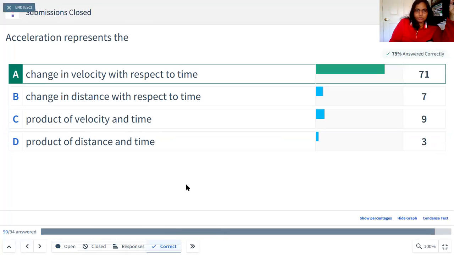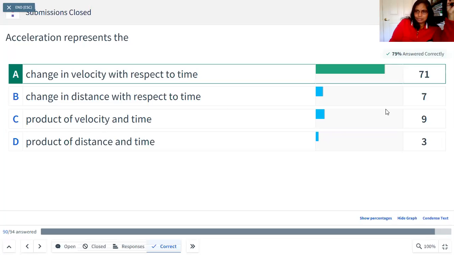Changing distance with respect to the time, that is the velocity. The distance over time is the velocity. And the product of velocity and time, no, we didn't learn anything about that. Velocity times time, that gives you the distance. Product of distance and time, C and D are not possible at all.